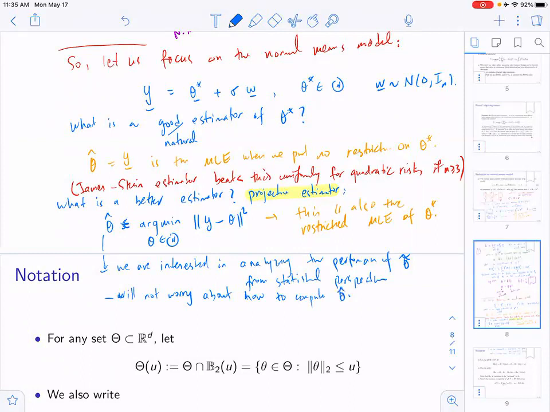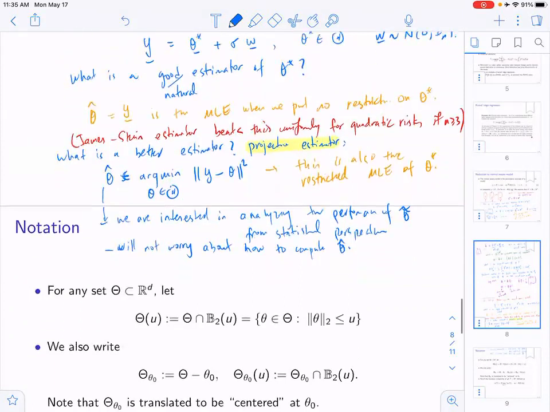So in particular, if this is non-convex, it might not be possible to obtain this global minimizer. So we'll leave this out of the discussion for now.